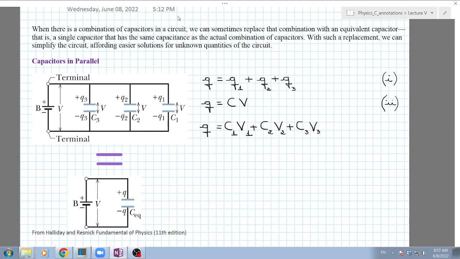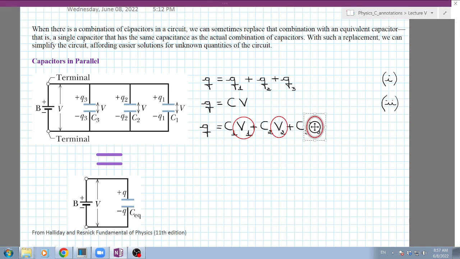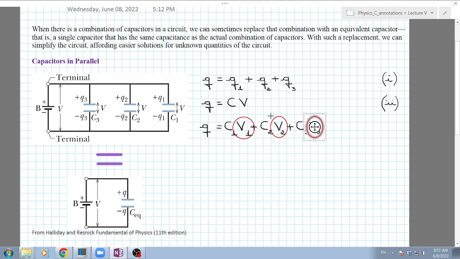Every single capacitor in the parallel circuit is subjected to the same voltage, so all these voltages that I circled in red are all V.